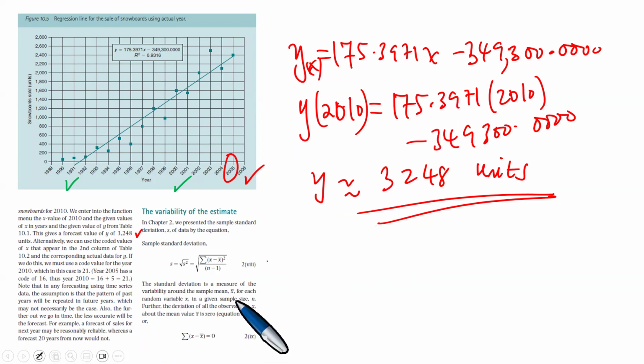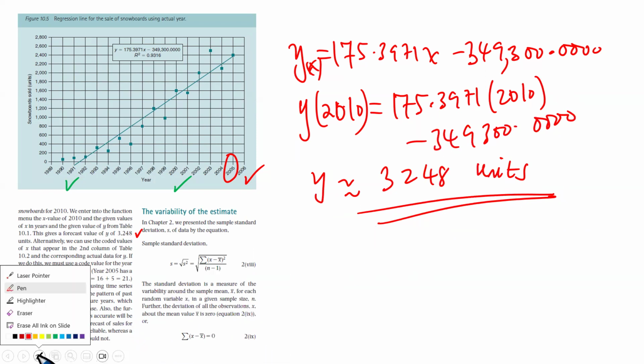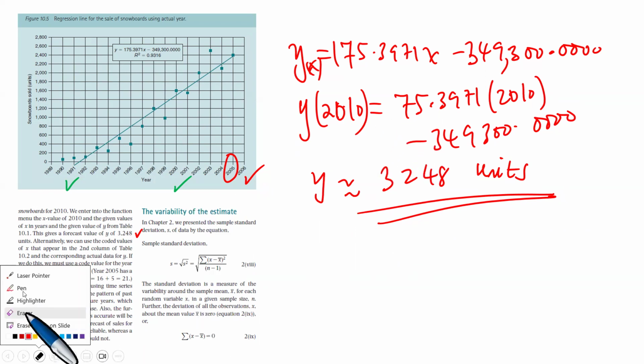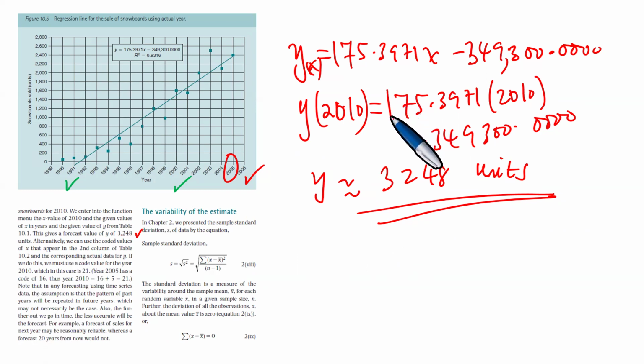So that when you put the 2010 here, it gives this number of sales. But obviously we are trying to check and see that indeed we have exactly 3248 units there. Okay, we continue.